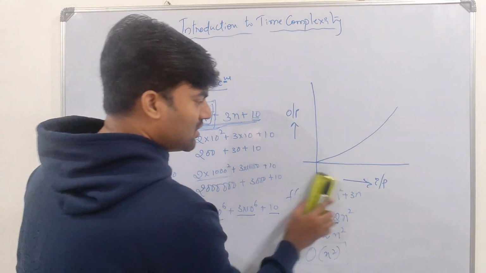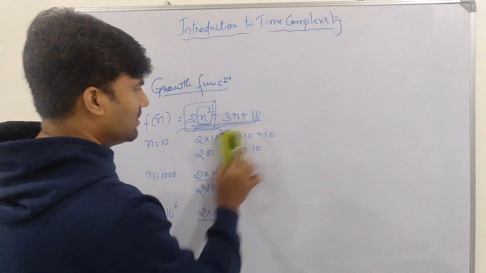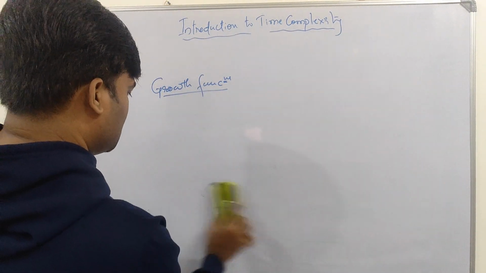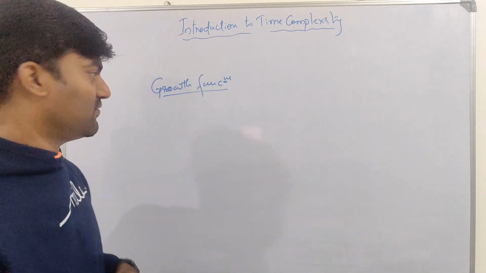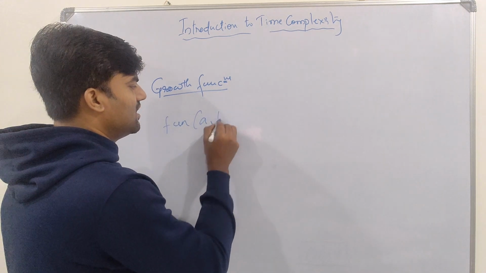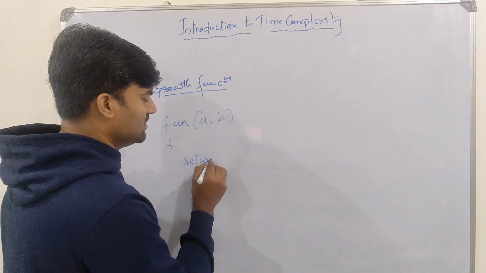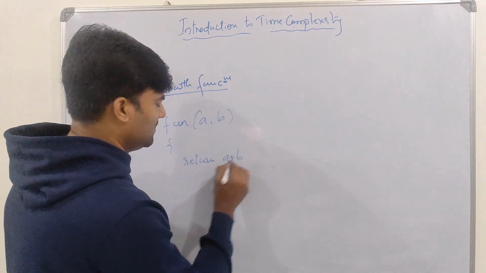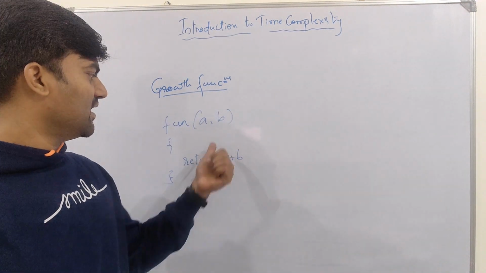Now let us try to correlate this with the program. Let us take a small function. This is a function which takes a and b as input and it returns a plus b. So basically it takes inputs a and b.